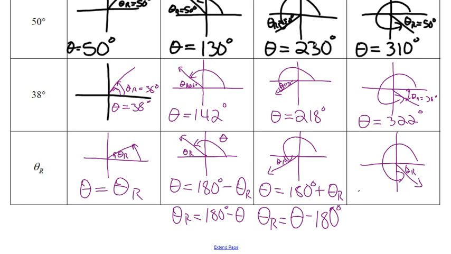What is theta? 360 minus theta r, and theta r can be written by rearranging. And here, theta r is equal to theta.